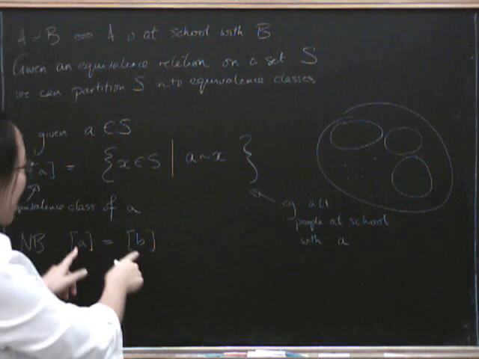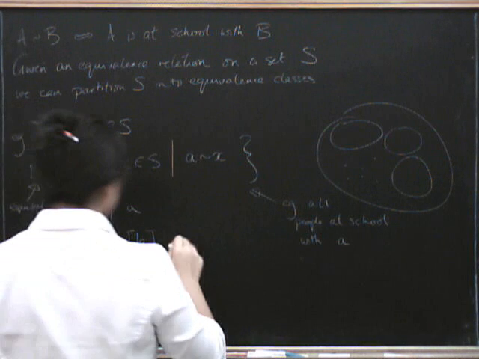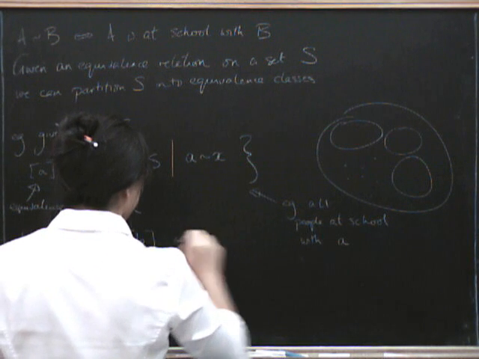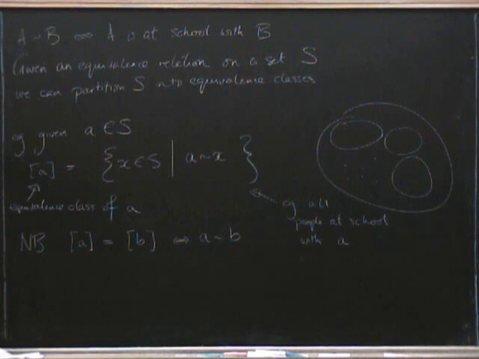This will be the same set for A and B, provided A is actually related to B. So this is true if and only if A is actually related to B under this equivalence relation.